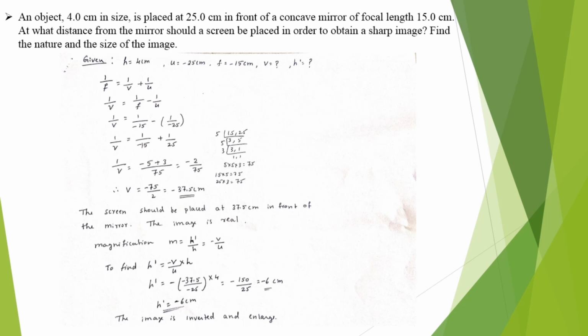So h dash is equal to minus of minus 37.5 divided by minus 25 into 4. So here minus divided by minus become plus. So only remaining is minus. So minus 150 divided by 25, that will be minus 6 centimeter. So the height of the image will be 6 centimeter. So the image is inverted and enlarged.